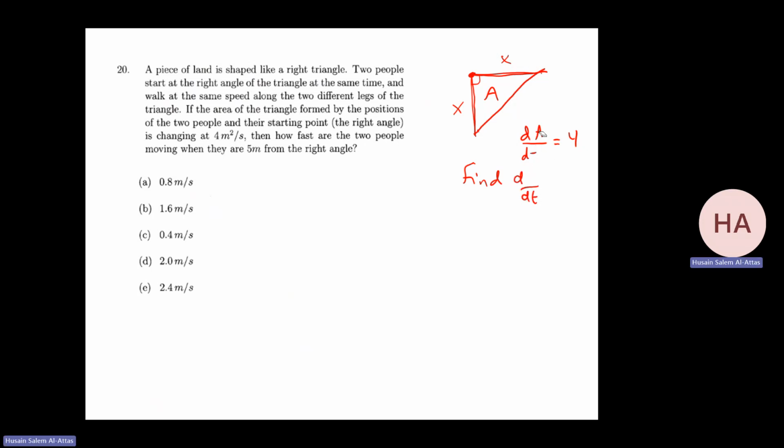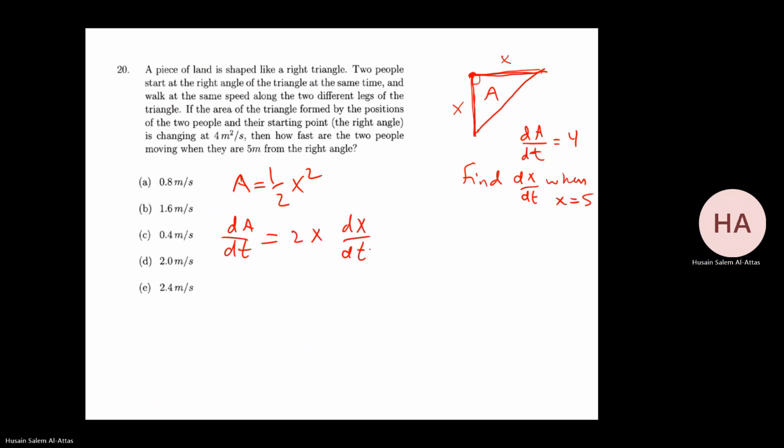You want the speed of the two people when x equals 5. So what is the area? Half the base, which is x, times the height x, so half x squared. That is the area. So dA by dt would be equal to what? To x dx by dt.